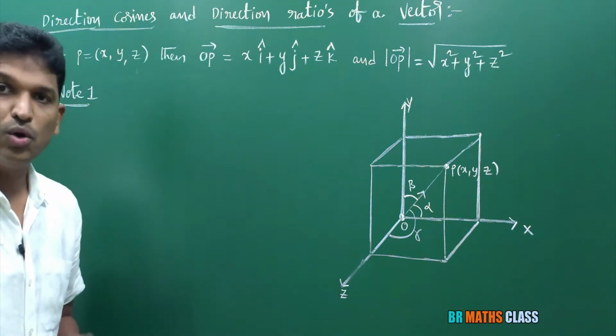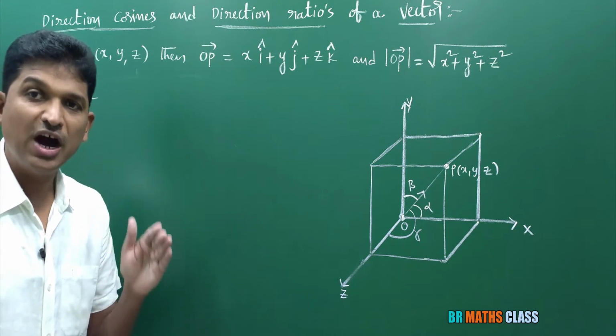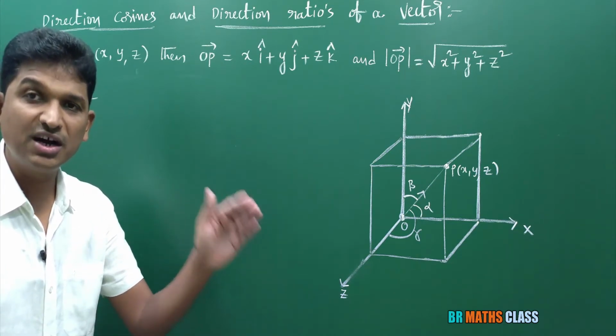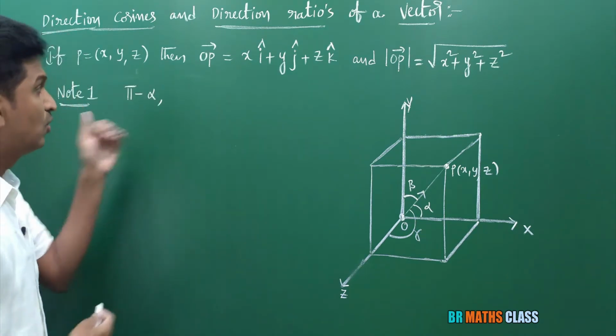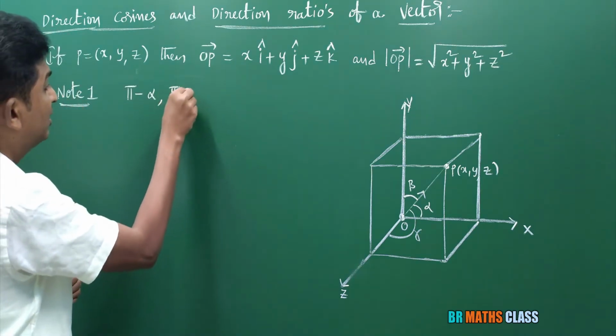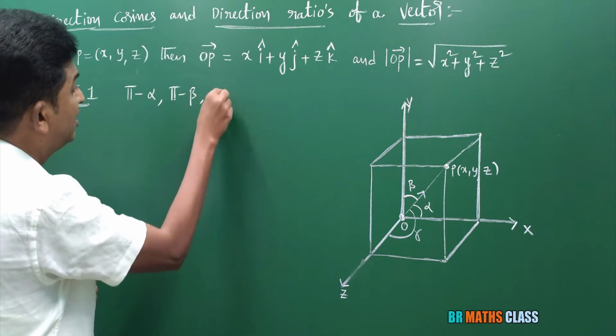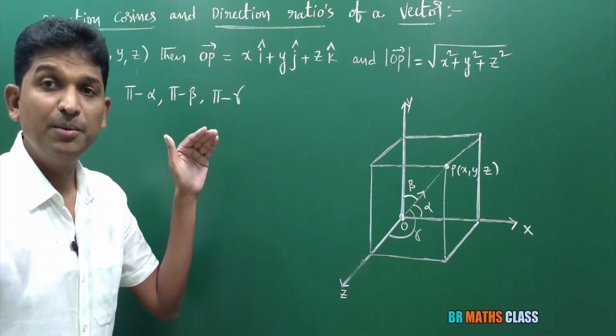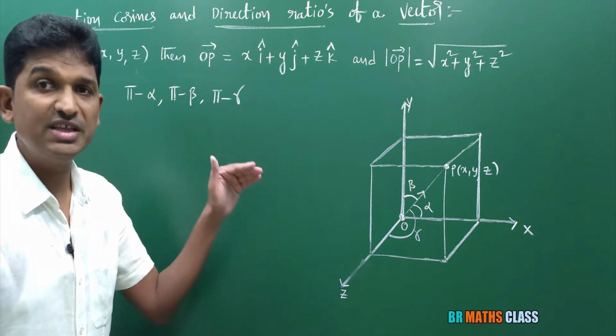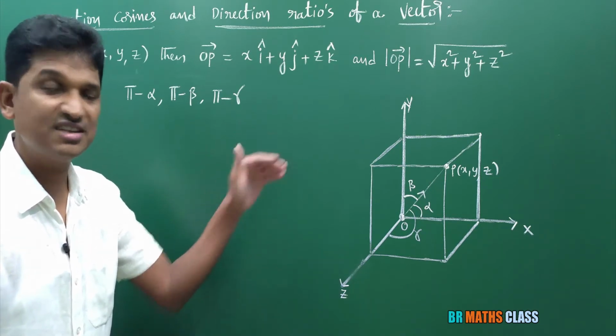So, what is the first note point? If alpha, beta, gamma are the angles made by the vector OP bar, then 180 minus alpha, 180 minus beta, 180 minus gamma are the angles made by PO bar with the x-axis, y-axis, z-axis respectively.